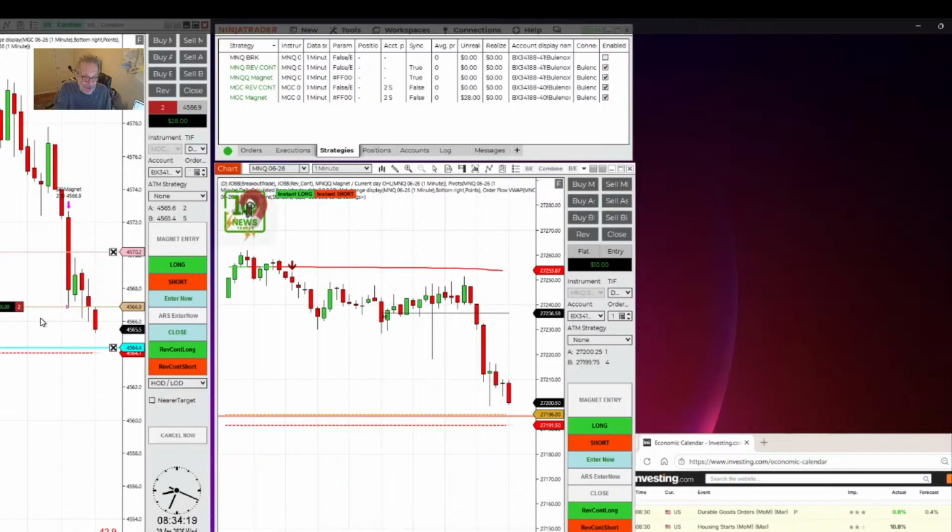Here's my entry, this red and black bar. That's where I entered the trade. Moving a stop to safety means move your stop into profit because we're only trading one position. A couple of contracts, but just one position. When I was taught to trade, I was always taught when you have a nice little profit, try not to let it turn into a loser.